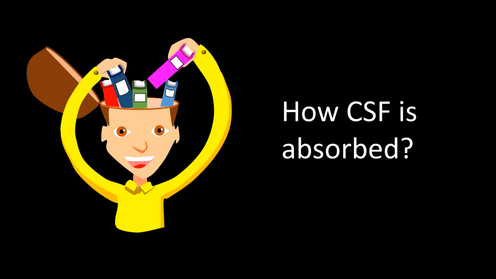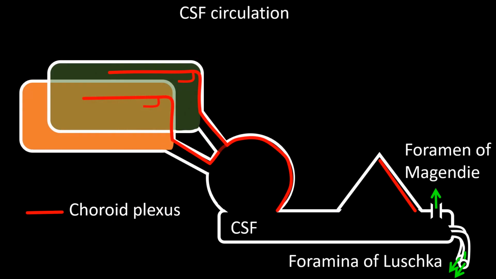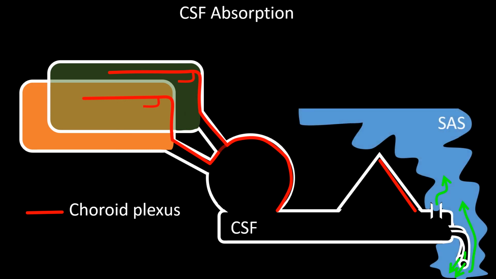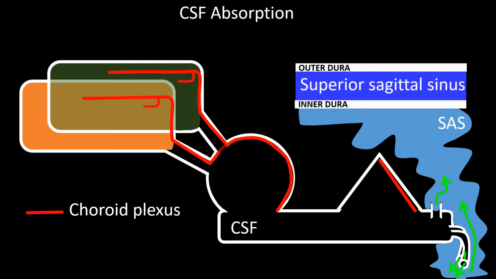Now I will address absorption. After CSF leaves the ventricular system, it circulates in the supranuclear space and cisterns and travels in the direction of the superior sagittal sinus, often known as the SSS.